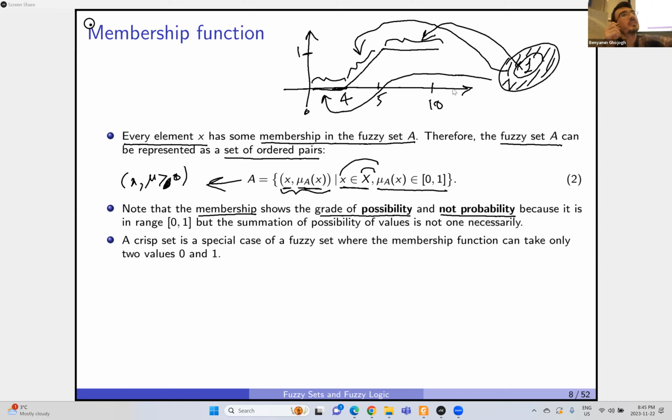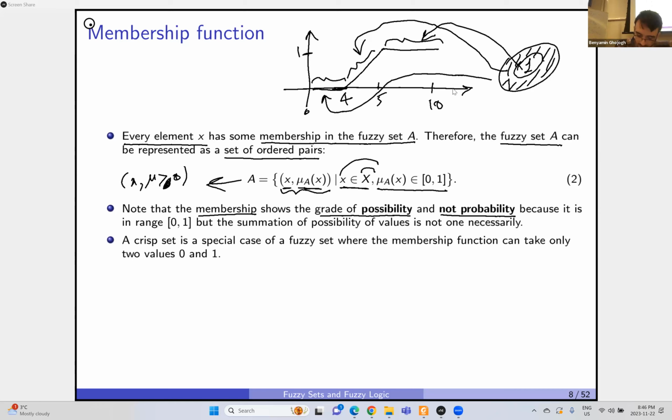You mean membership 0? I'm saying that you can put it, but it's redundant.